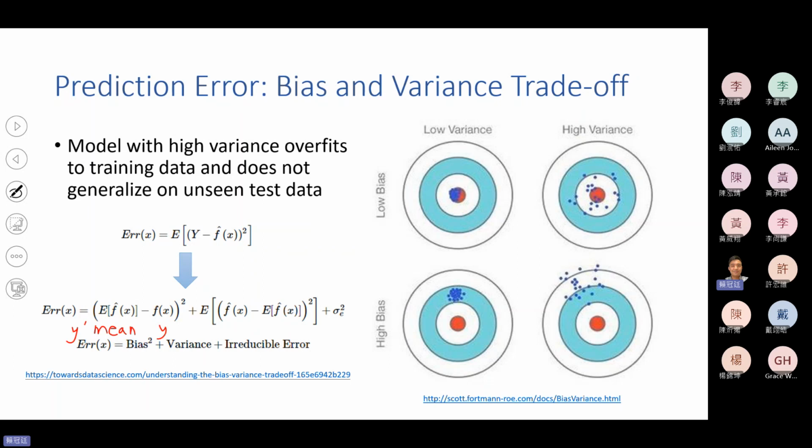It's the variance of your prediction. So y prime minus the mean of y prime is how you calculate standard deviation. Plus some noise.